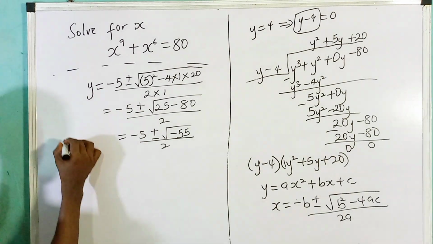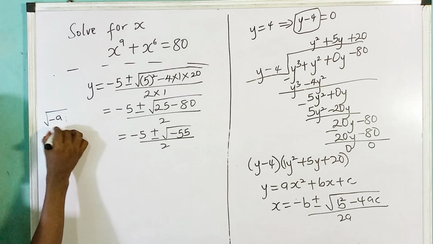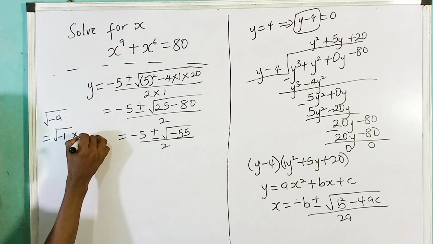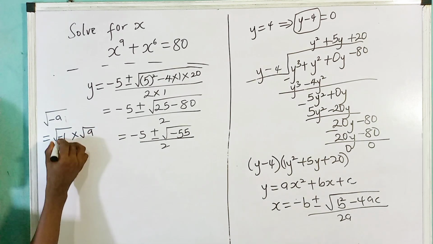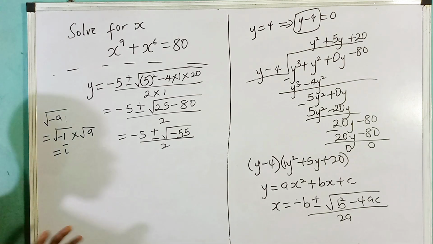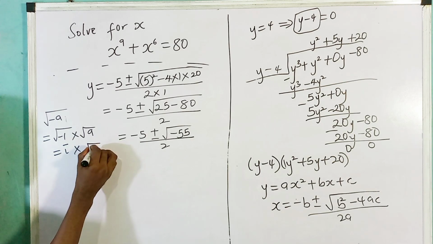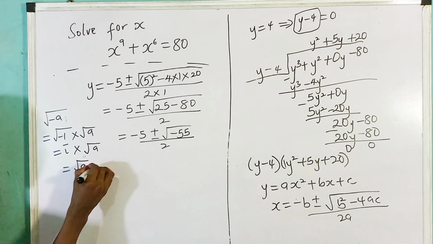The square root of, for instance, minus a is equal to the square root of minus 1 times the square root of a. And the square root of minus 1 is the same thing as i. i is an imaginary number because we cannot get the square root of minus 1. So i times the square root of a, so it will be the square root of a times i.